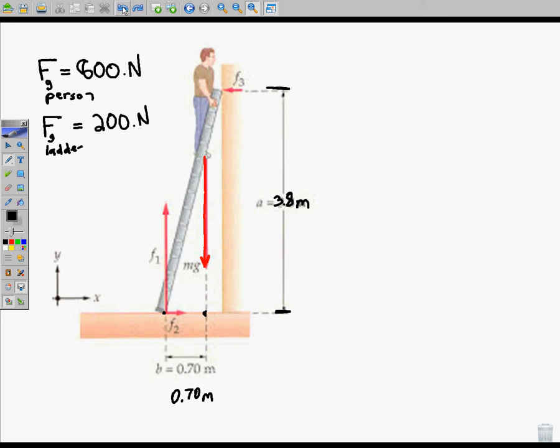That's the friction force that's going to prevent the ladder from sliding out. Here, they're calling it F2.